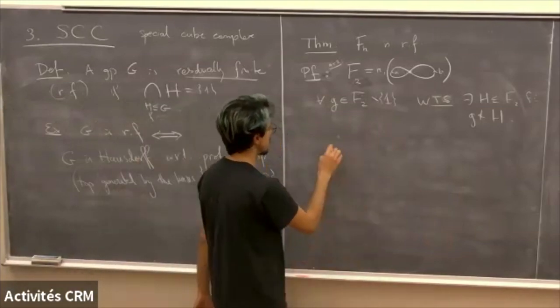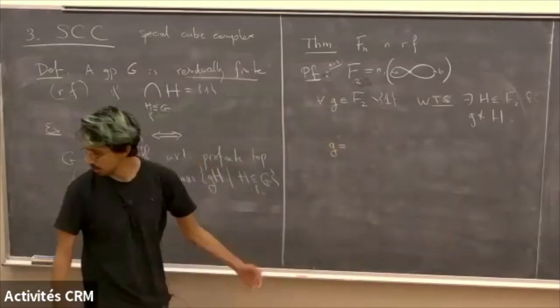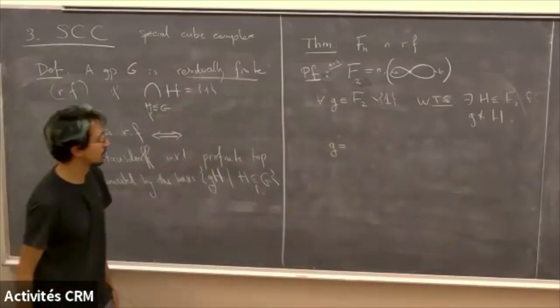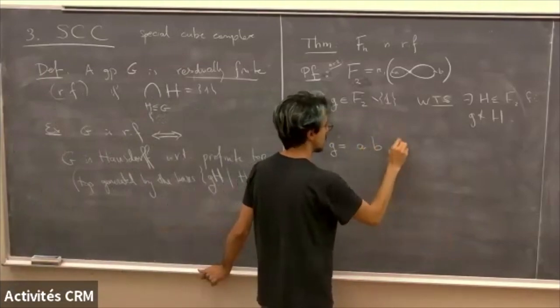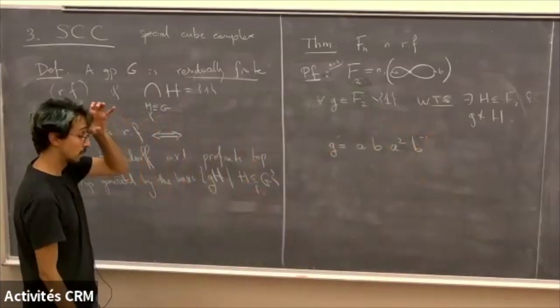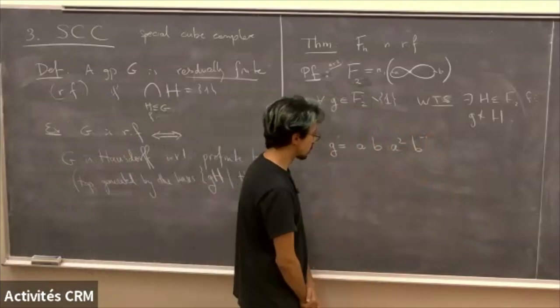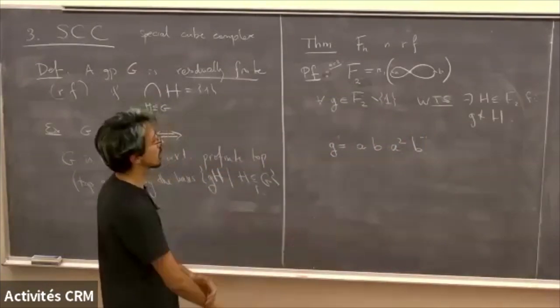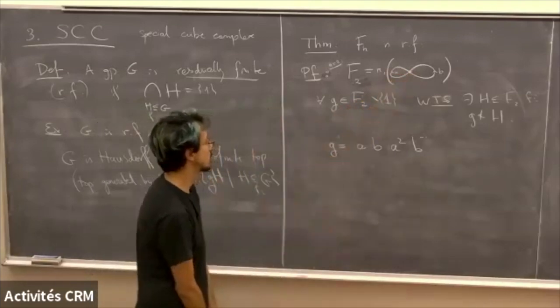So let's maybe think of an example to illustrate what's happening. Maybe g is some word, say A, B, A squared, B inverse. The first thing we'll do is realize this word as a path that is sent into this rose.